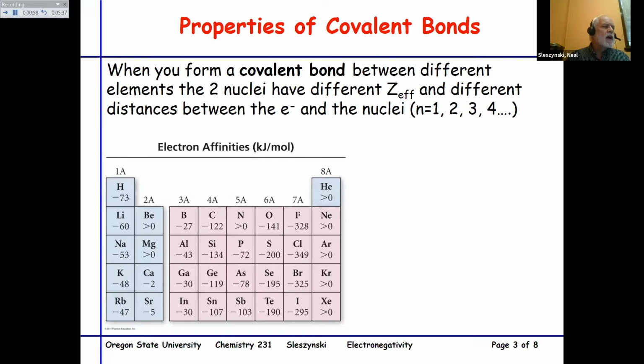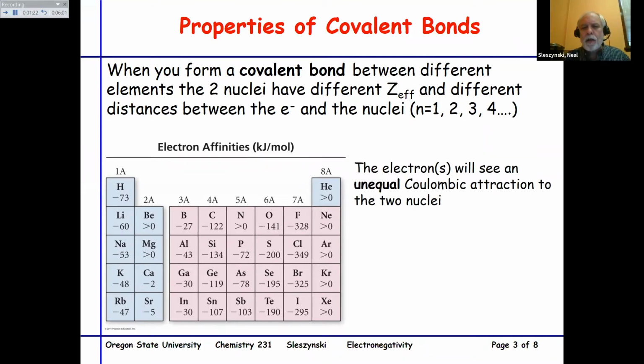Electron affinities, if we go ahead and take a look at them in relationship to the periodic table, look like this. We can see as we get to the right end of the periodic table, electron affinities, or the energy attracting electrons, goes up dramatically as we get to the right-hand side of the periodic table and as we rise in the periodic table.